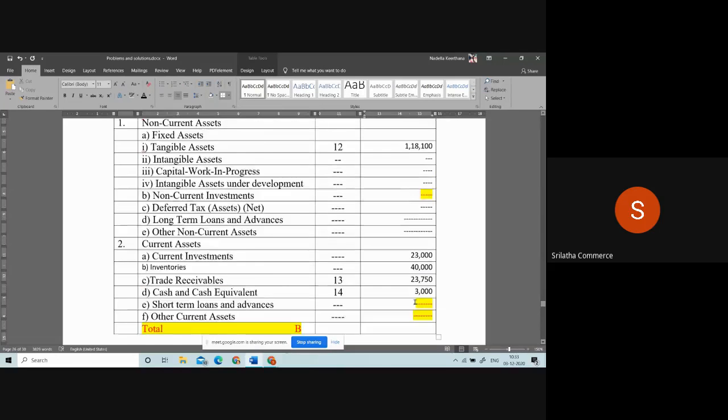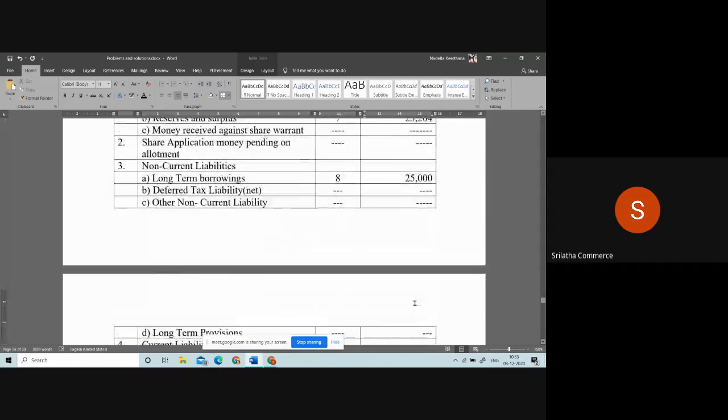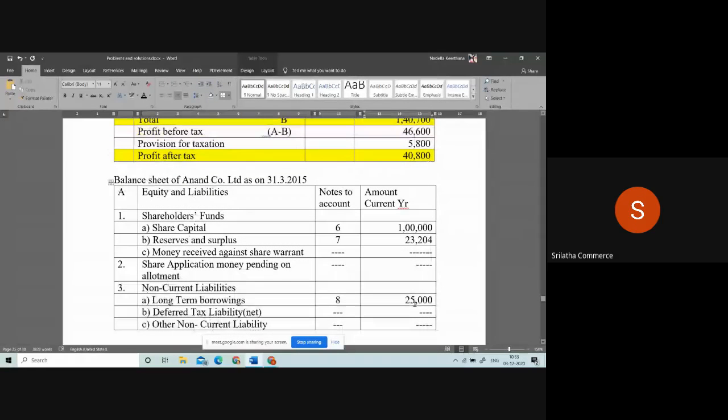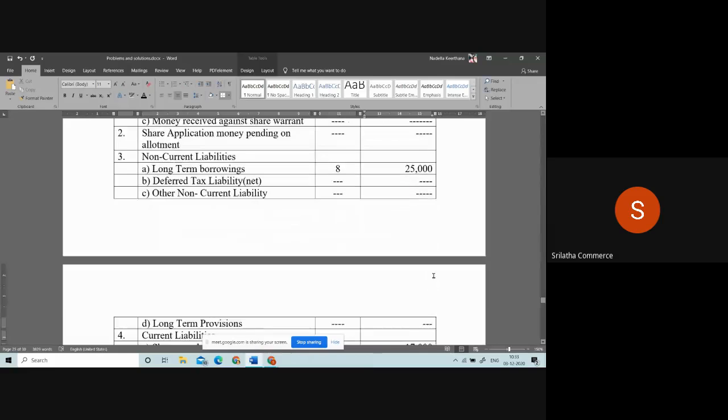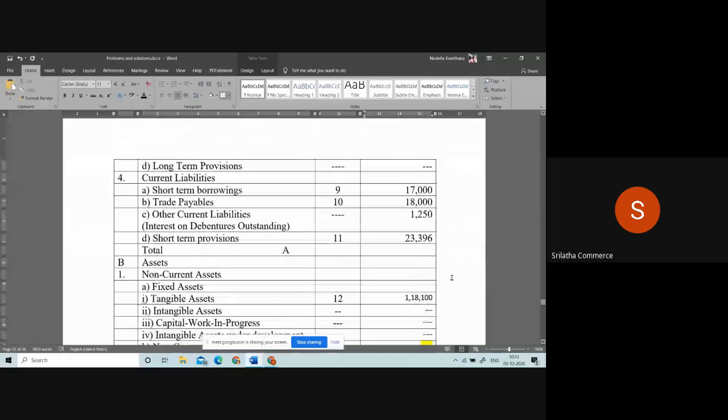Tell me the totals. How much did you get? 2,07,850. Liabilities side, I got this amount.